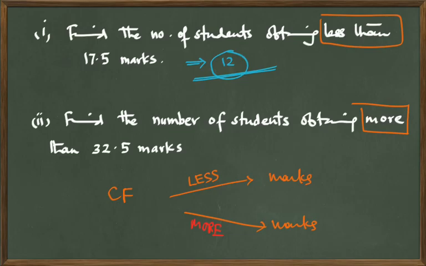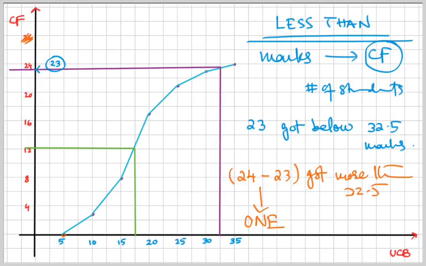If it's about less than, as in the green line example, read directly. If it's about more than, read that value and subtract it from the total. For example, in the purple line, lesser than 32.5 marks, there were 23 students. Altogether, the class had 24 students. So the difference is 1. That means one person got more than 32.5 marks.